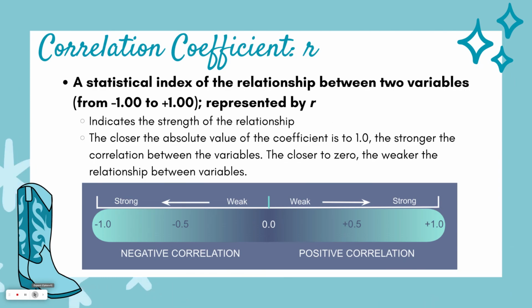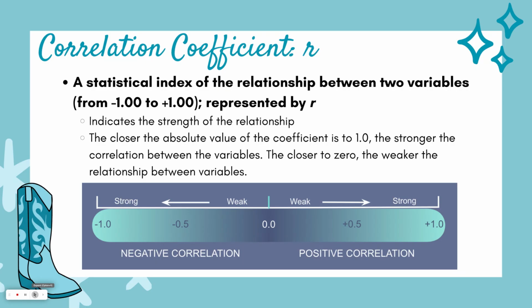The other way that we can represent correlations is through the variable R, which stands for the correlation coefficient. And this is a statistical index of the relationship between the two variables. This is always going to fall somewhere between negative 1.0 to positive 1.0.